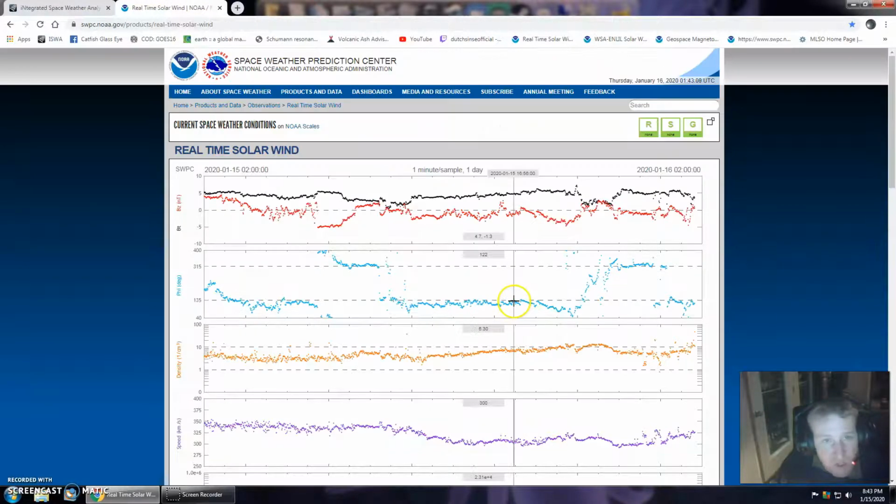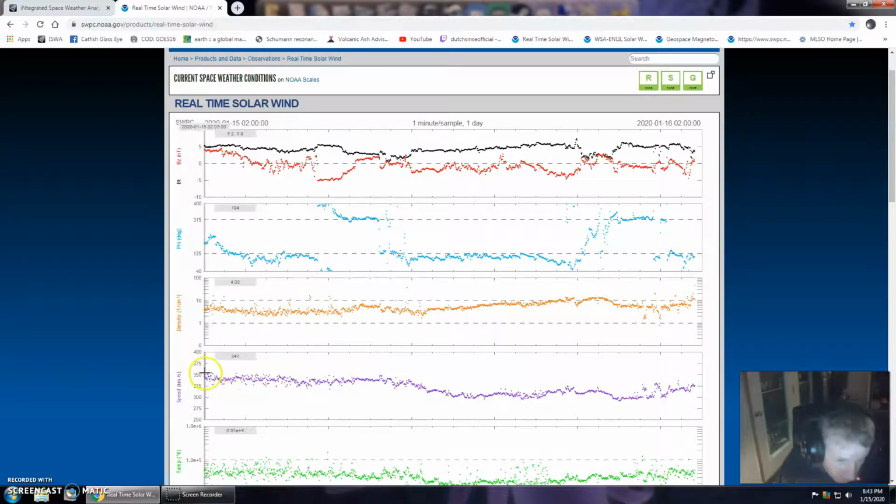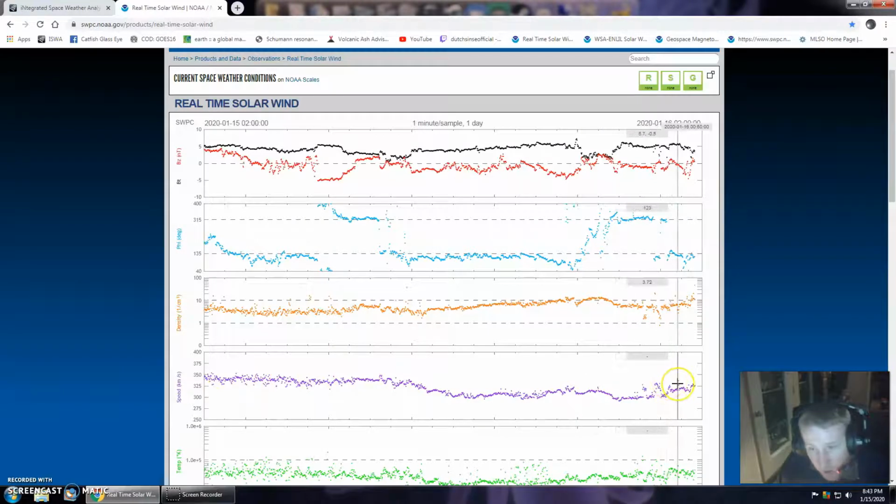Here we go. This is SWPC. This is Discover satellite, which is sitting between us and the sun, pointed at the sun to give us an advance warning, along with STEREO A, giving us an advance warning of what's coming from the sun. Basically, all our numbers from the sun are 350 kilometers per second and lower.